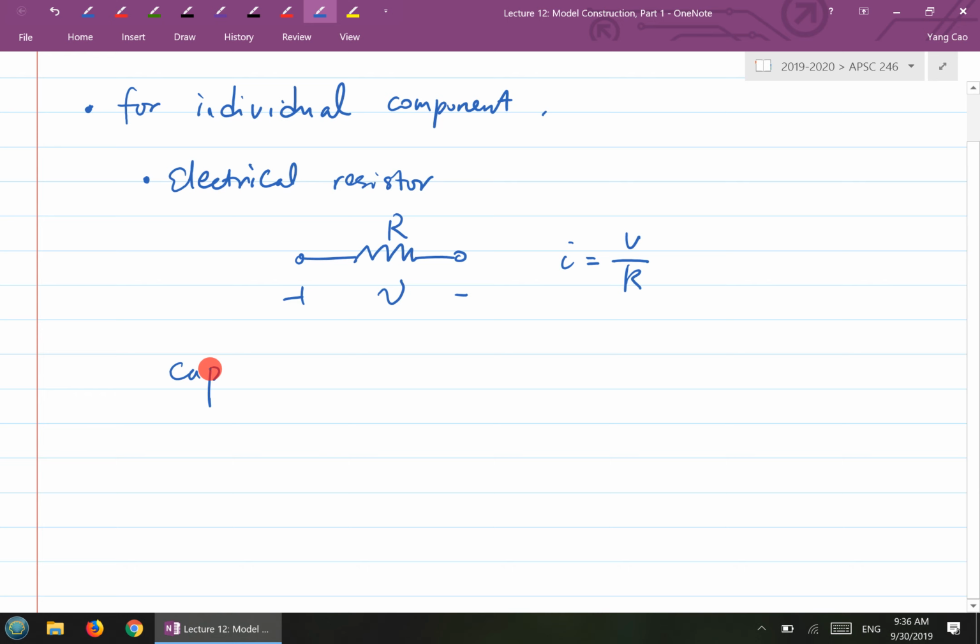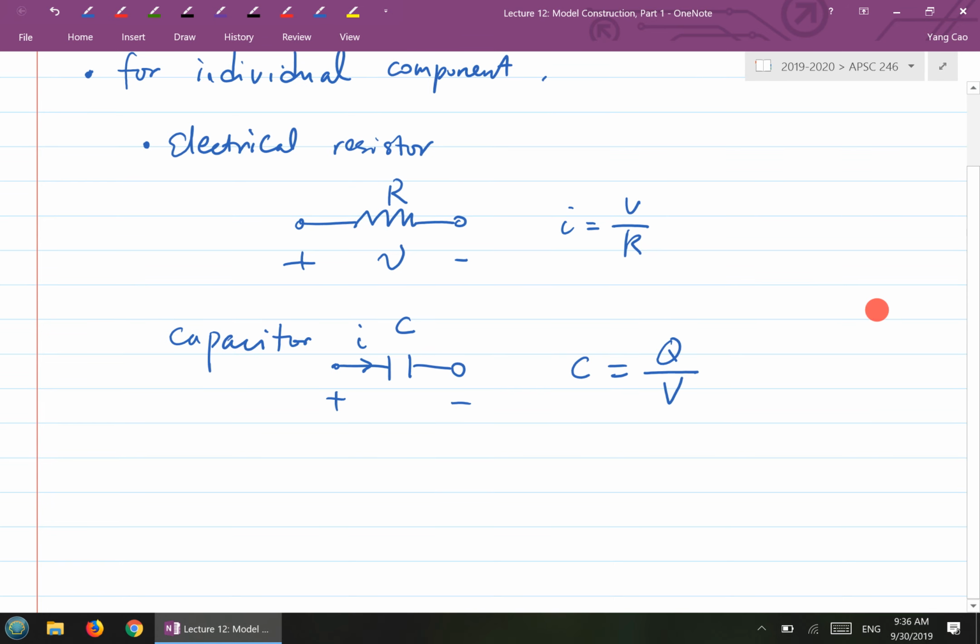And if you have a capacitor, and the current going through the capacitor to here, the governing equation for the capacitor component is the total charge Q over the voltage V, which gives you the capacitance C of this capacitor.